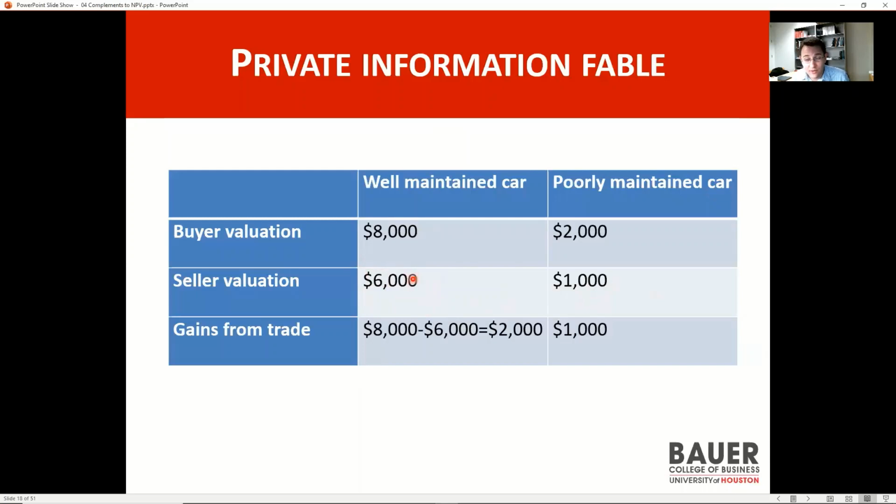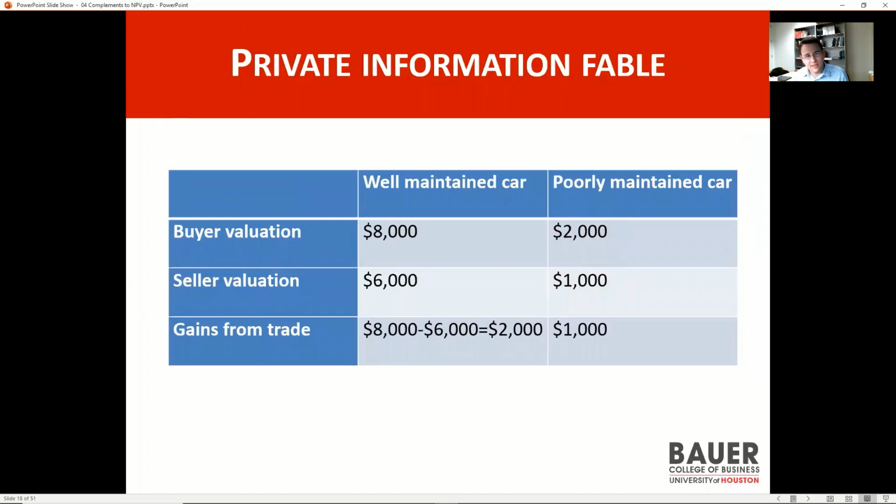So this seller here is not going to sell. The only seller who's going to be happy to trade at $5,000 is a seller who didn't do the maintenance on the car. Right? The seller here only values the car at $1,000. The buyer's offering $5,000, so that's perfect. That seller of the badly maintained car is going to sell and make a lot of money. The buyer is going to be losing. The buyer is going to be paying $5,000 for a car that's only worth $2,000 to him.